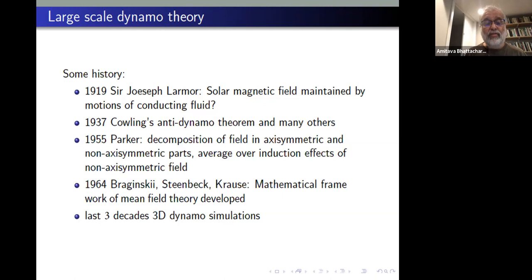And this beautiful physical picture was put on a formal mathematical basis in 1964 by a number of people, but Steenbeck, Krause, and Rädler. Rädler is the only living person of Steenbeck and Krause who wrote an EMF, and I met him a few years ago in Japan, came in from Potsdam to give a talk. He's still working on dynamo theory, a wonderful old-fashioned German physicist who does hundreds of pages of algebra still. What we tend to do using a symbolic manipulator, he does by hand.